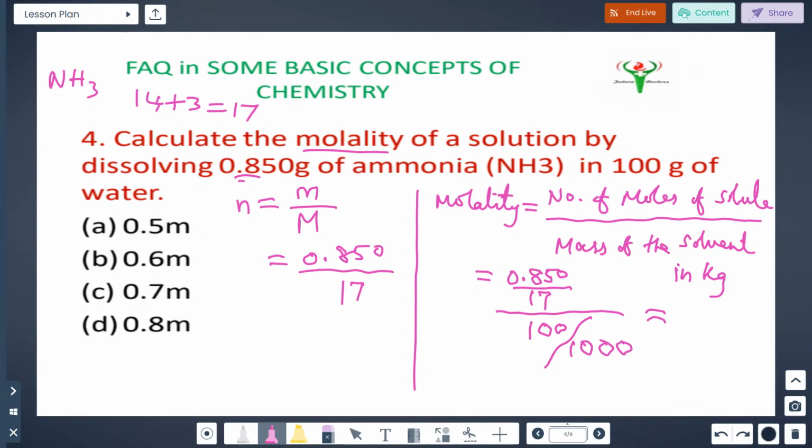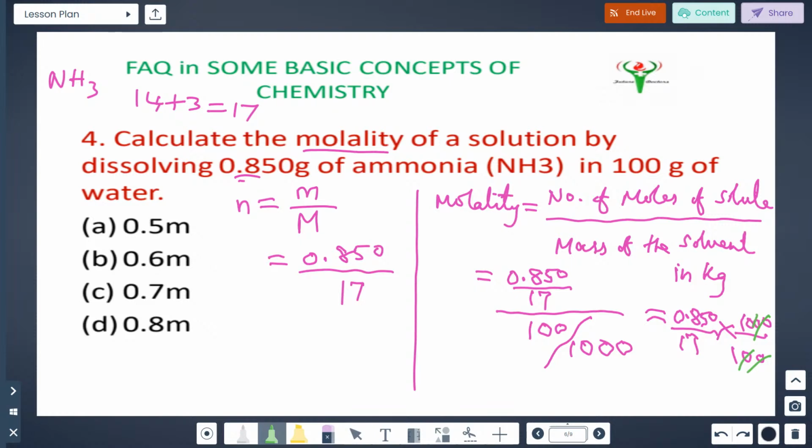Here, 0.850 by 17 into 1000 by 100. Now you can cancel this. Then multiply by 10, it will be 8.5.